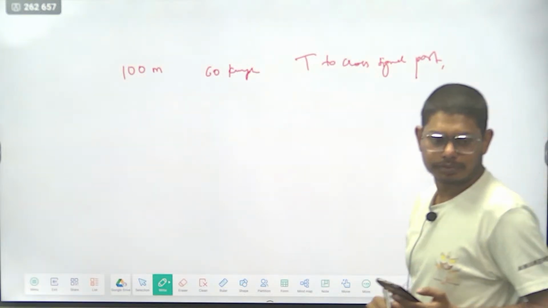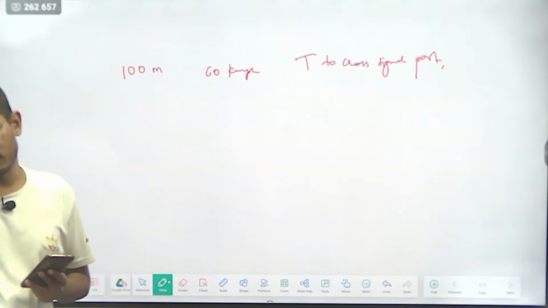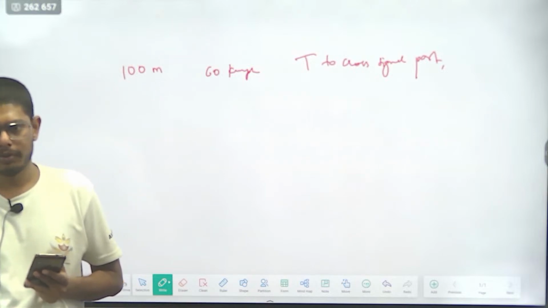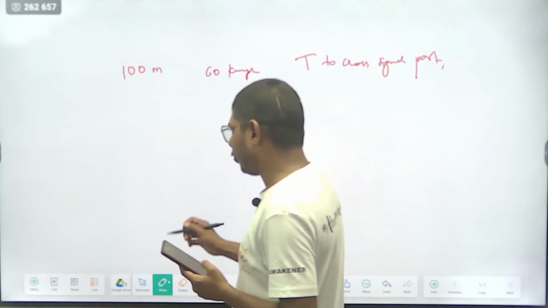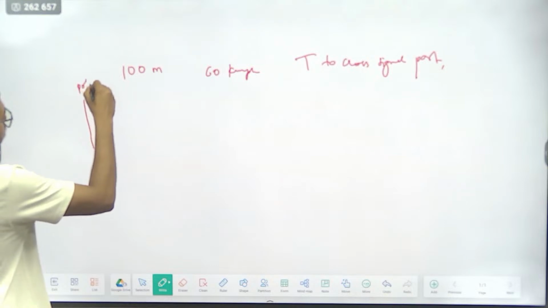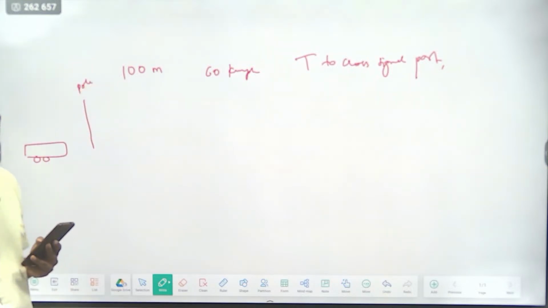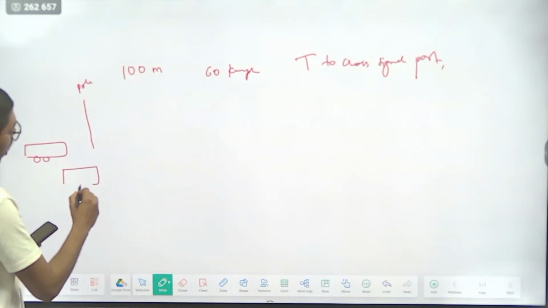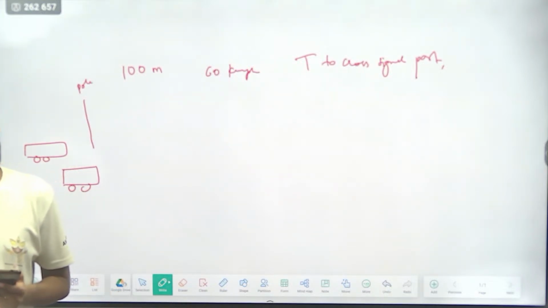Guys, look over here. If there is a pole over here, and this is the front of the train, if the front of the train comes here, then we will say that the train has started crossing the pole.